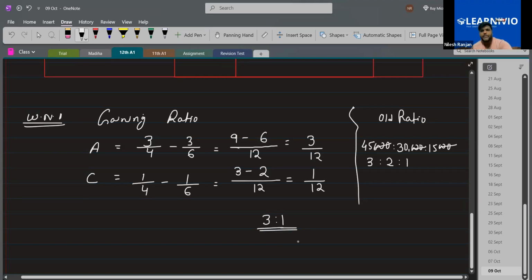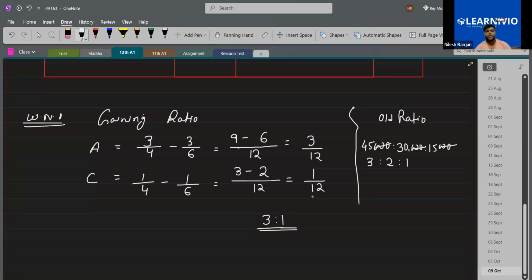This is the gaining ratio. If we convert it into a ratio, it is 3:1. Is there any confusion in this? No, sir, that's clear.